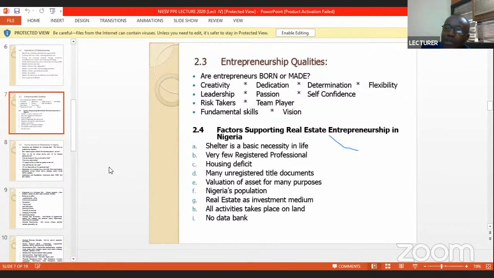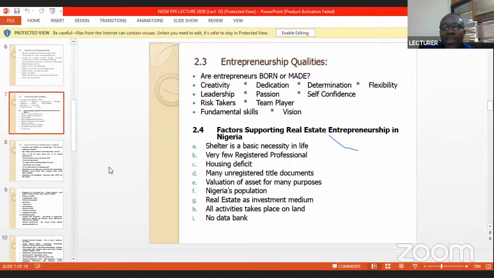Communication skills: being able to speak in English, being able to write in English, being able to communicate. These are fundamental skills. The last time, in lecture 1, we mentioned some of the skills that can make somebody employable. Finally, an entrepreneur must have a vision, a clear vision, a purpose, what you are set to achieve.